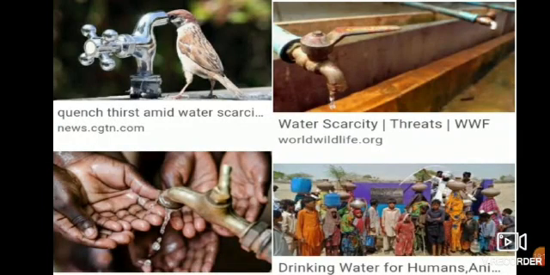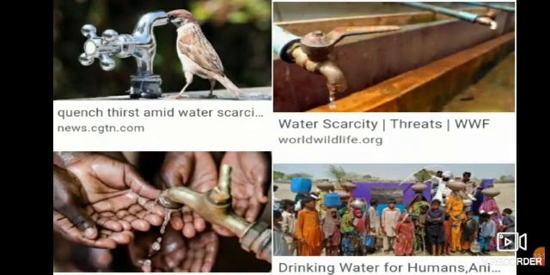So this is what the famine is. Humans and animals or birds suffer from scarcity of water. There is no water even for agriculture. And this condition is called famine.